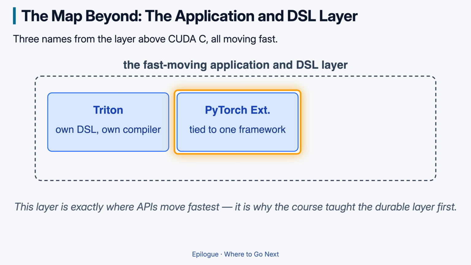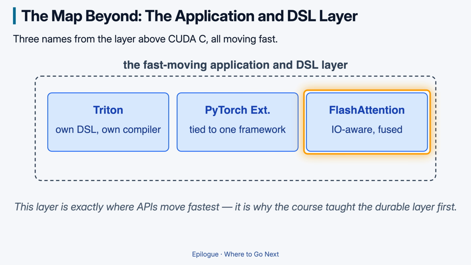PyTorch extensions let you write a custom CUDA kernel and plug it straight into one specific framework's build. FlashAttention is a family of attention kernels built on this course's own memory discipline, what its authors call I/O awareness.